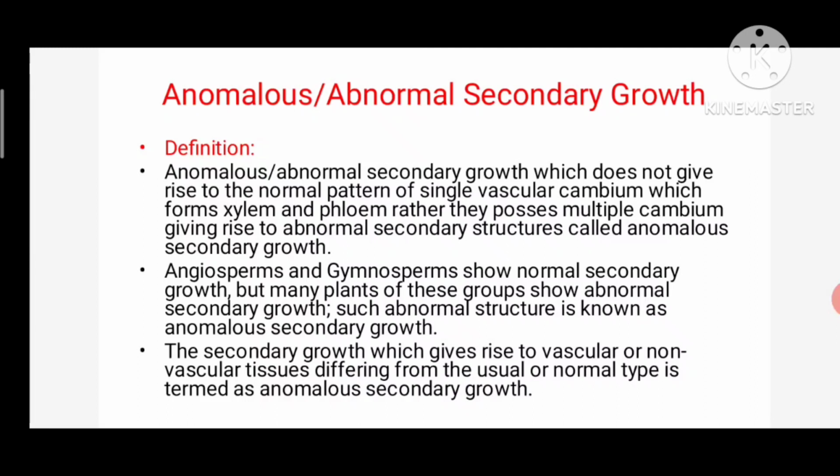Angiosperms and gymnosperms show normal secondary growth, but many plants of these groups show abnormal secondary growth. Such abnormal structure is known as anomalous secondary growth.